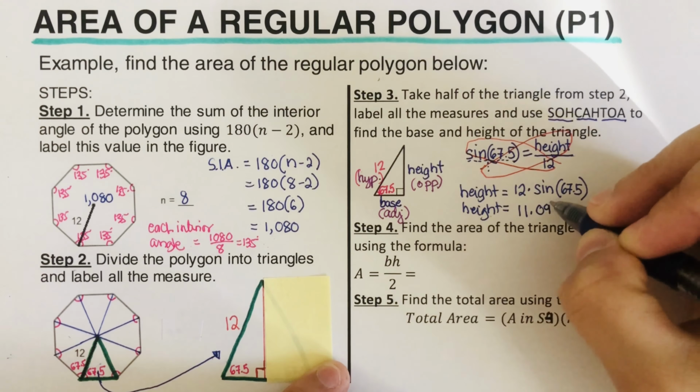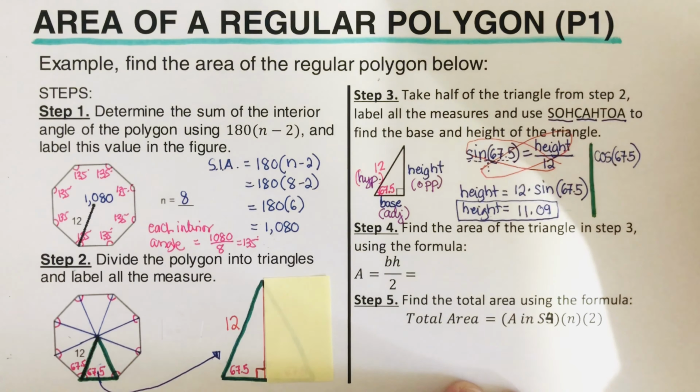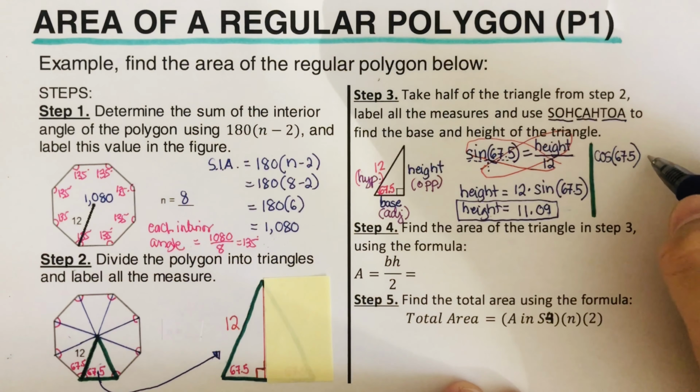We are going to use the cosine to find the base, because the base is adjacent and we have the hypotenuse. We can use tangent if you want, that should be fine too, but we can set up cosine of 67.5 is equal to the adjacent, the base, over the hypotenuse, 12. So that's base over 12. Remember, this is over 1.